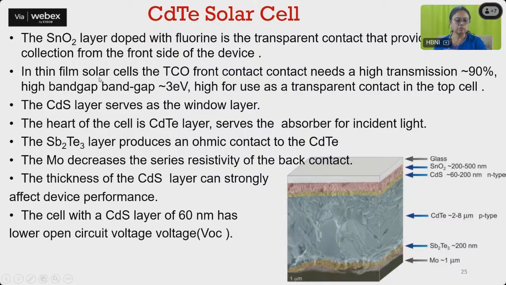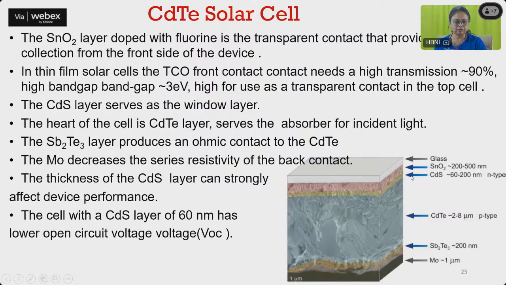For a thin film solar cell, the front contact needs a very high transmission. So it should be very highly transparent, with a high band gap like 3 eV, used as a transparent contact on the top cell. Now the cadmium sulfide layer serves as the window layer.